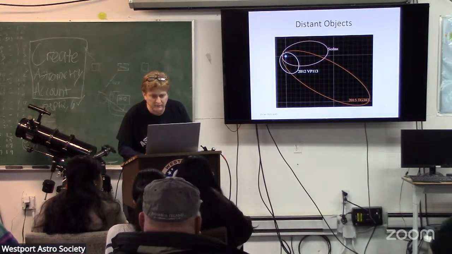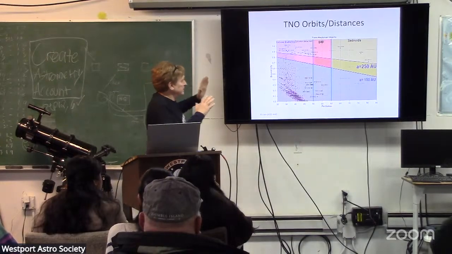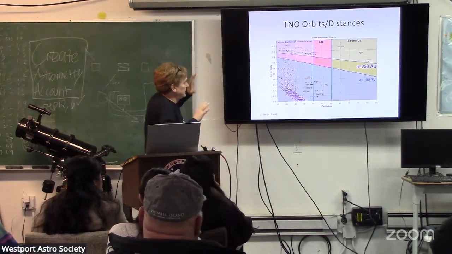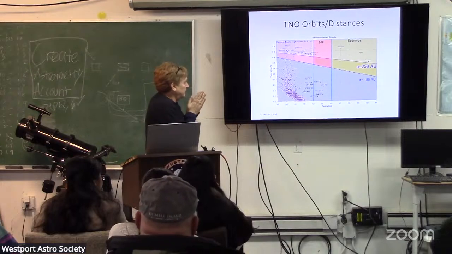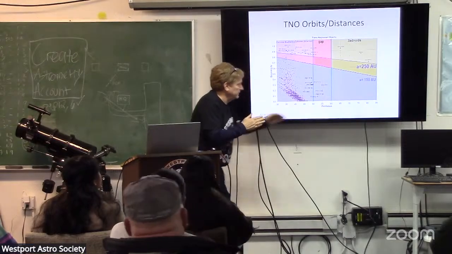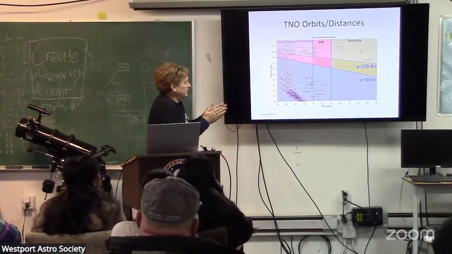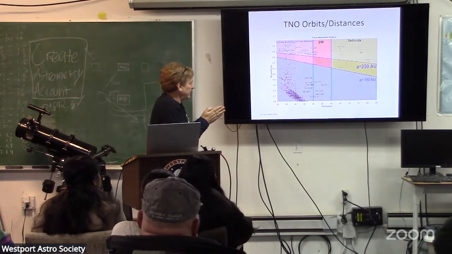Just one more plot, especially with the distant ones. I want to give you a sense of the distances. This is a plot, and I almost didn't put this in, but I thought I'd just try. On the horizontal axis is the distance from the sun in astronomical units. 1 astronomical unit is the distance from the Earth to the sun, which is 93 million miles.